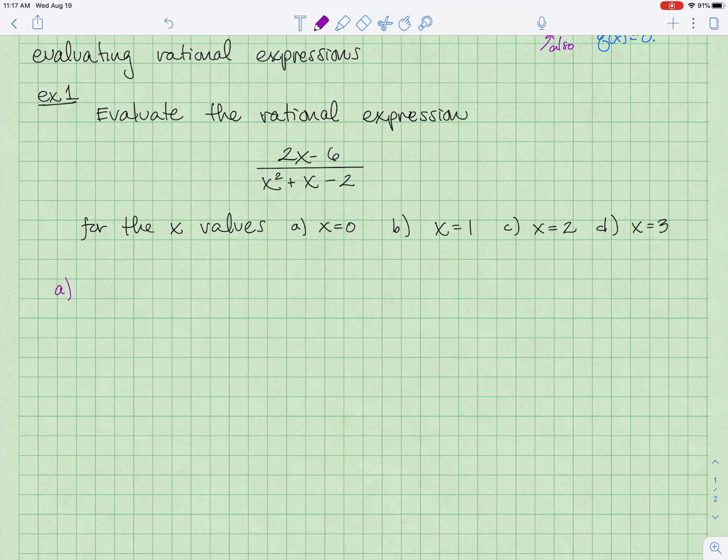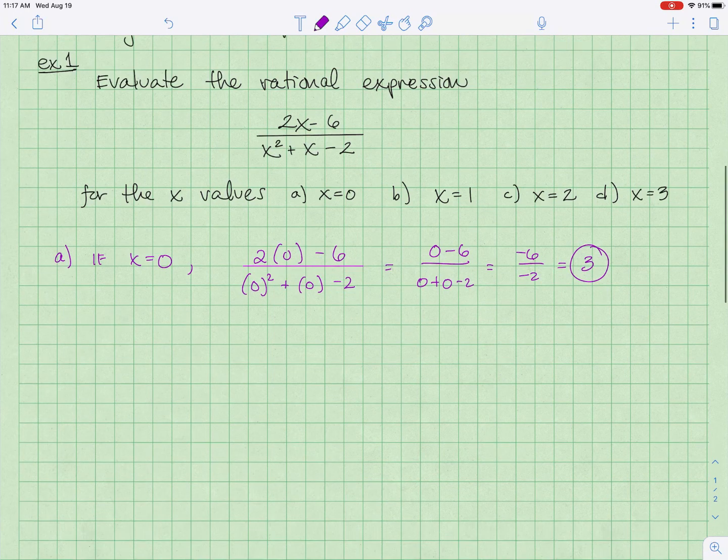So for part A, if x equals 0 here, then we have 2 times 0 minus 6 divided by the quantity 0 squared plus 0 minus 2, which is equal to 0 minus 6 over 0 plus 0 minus 2, which is negative 6 over negative 2, which is 3.